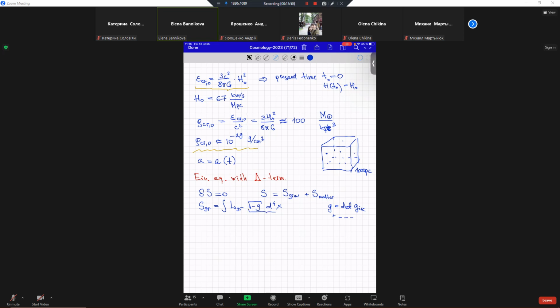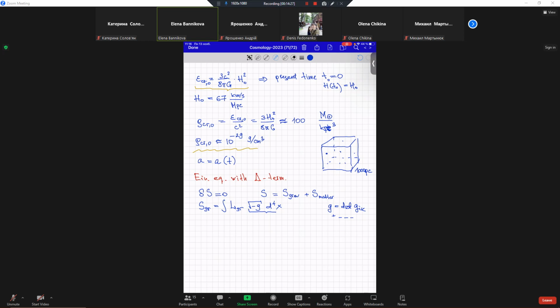This is so-called, in such a four-dimensional space-time, the Lagrangian. Of course, we need to speak about the Lagrangian density, but for now it's not so important.